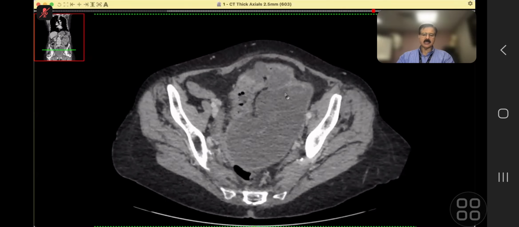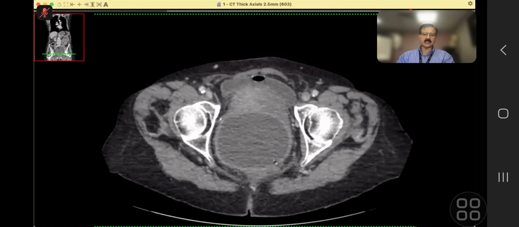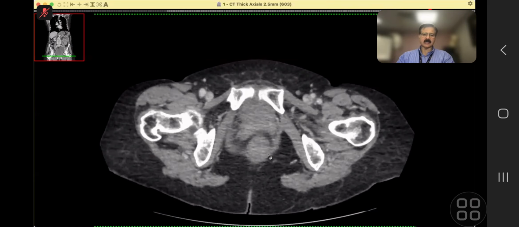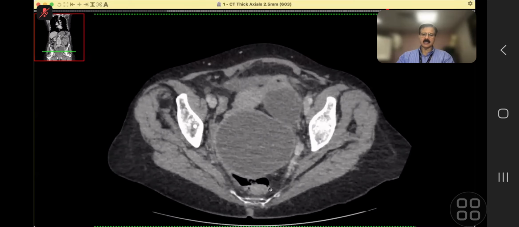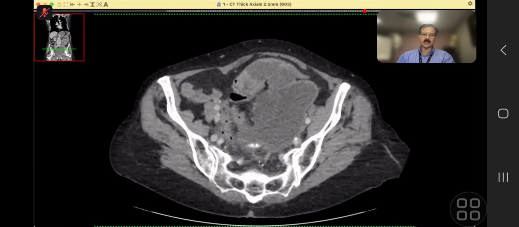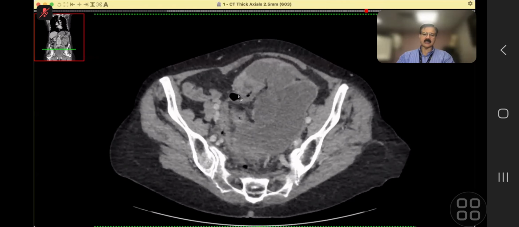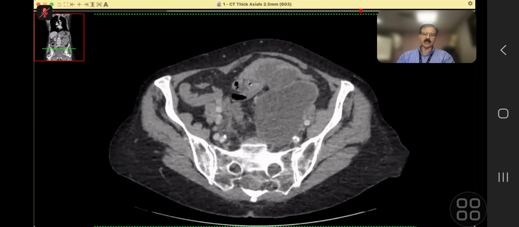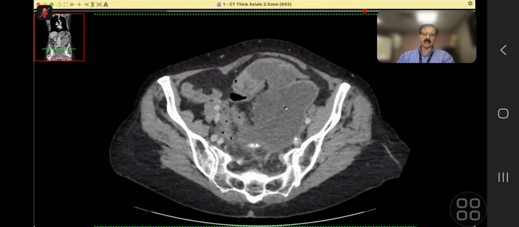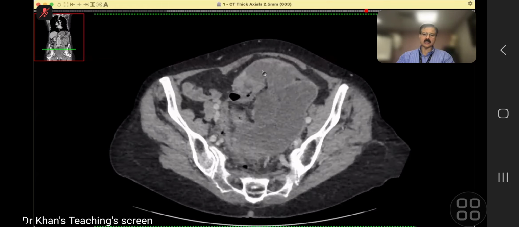We will see. Now, as we go superiorly, let's trace the sigmoid and the rectosigmoid. So this is the rectum where my mouse is. As we are going up, we go right and left, and then ultimately we reach this point. Here, this sigmoid is involved, and you can see this low density which is going into the sigmoid.